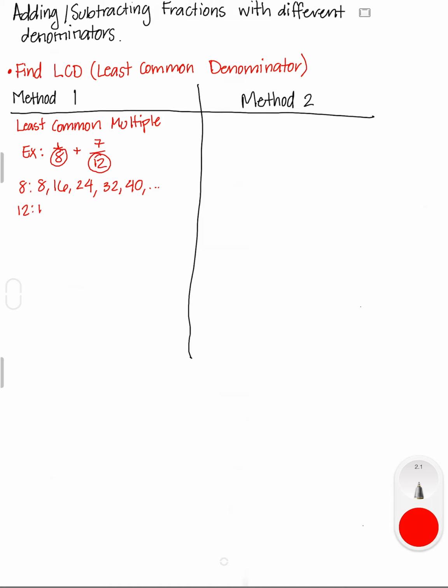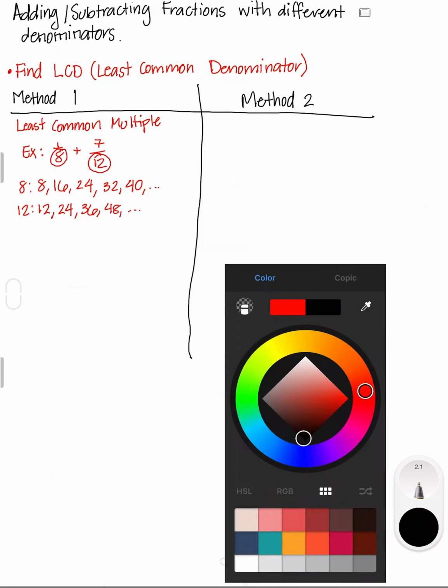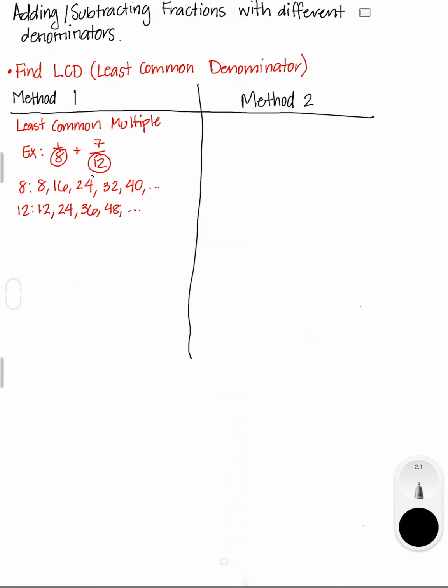Now for 12, we have 12 times 1 is 12, 12 times 2 is 24, 12 times 3 is 36, 12 times 4 is 48, and it keeps going. So from here we can see that the least common multiple in this case will be 24, right?